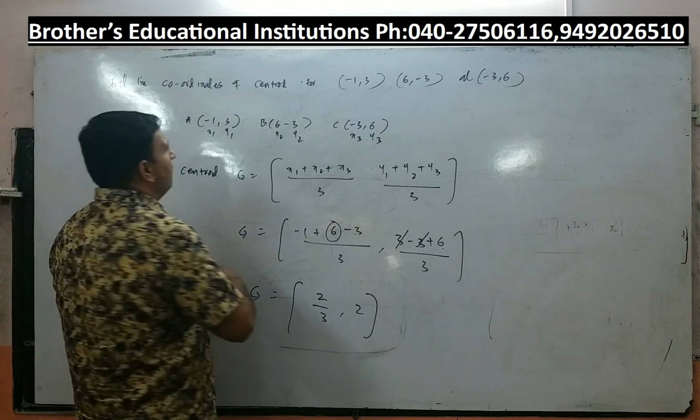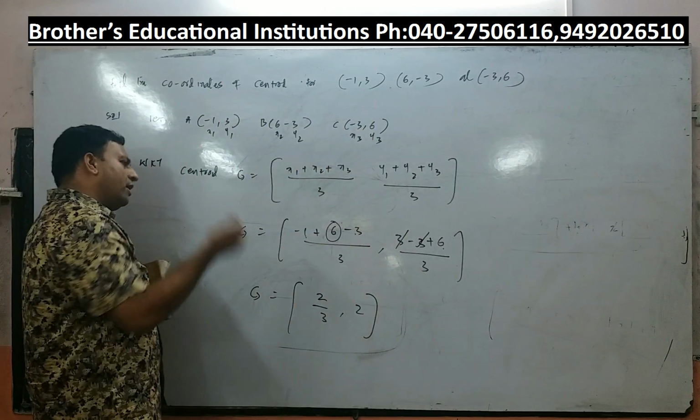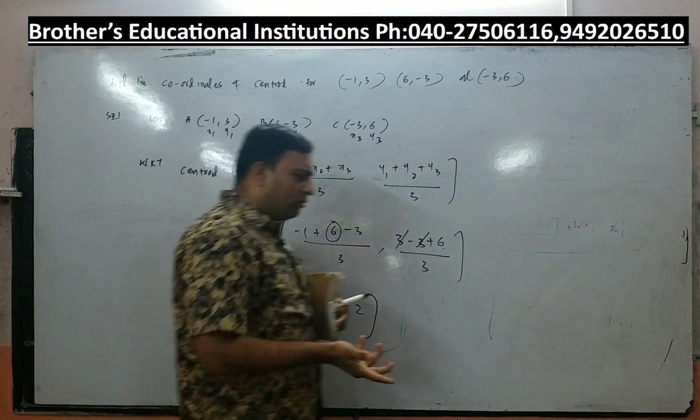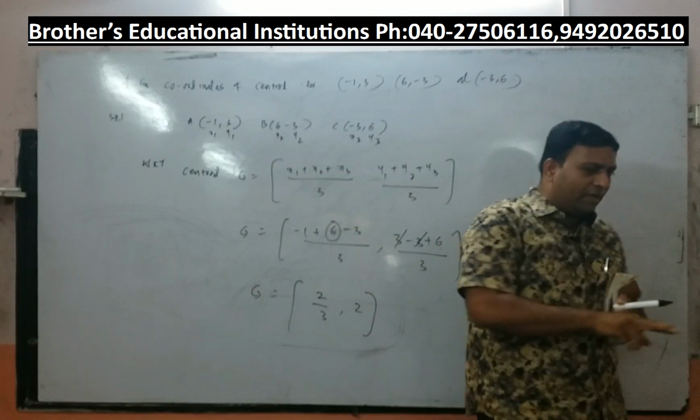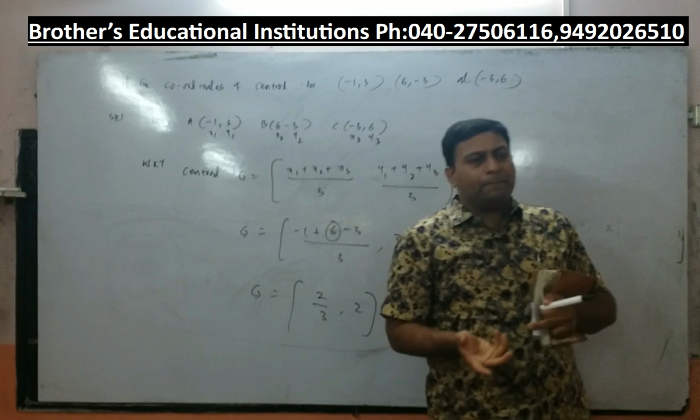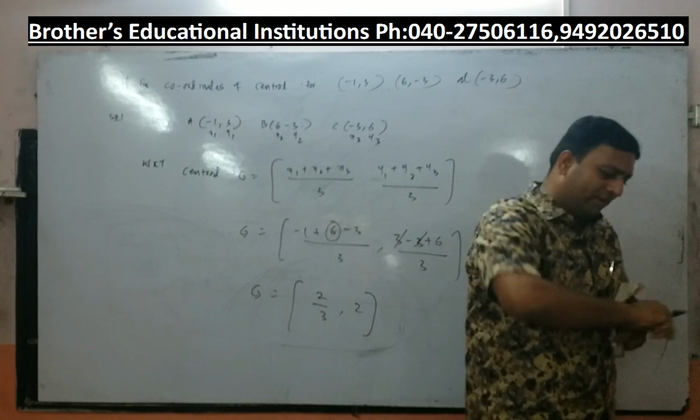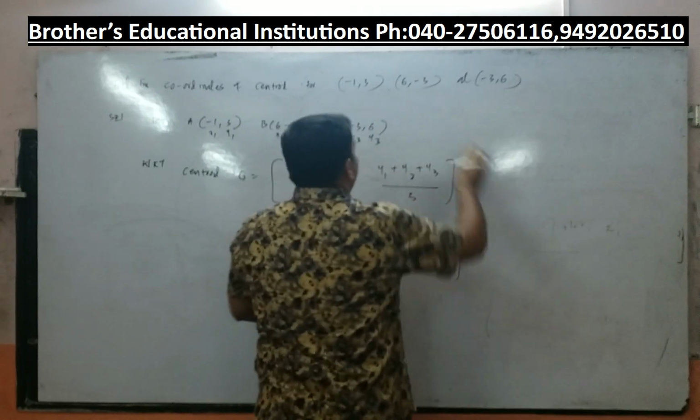So this is a numerical where 3 vertices are given to you and you are directly finding the centroid. We will try to take a numerical where 2 vertices are given and you are supposed to find the third vertex when the centroid is given. Alright, so let us take one more example.